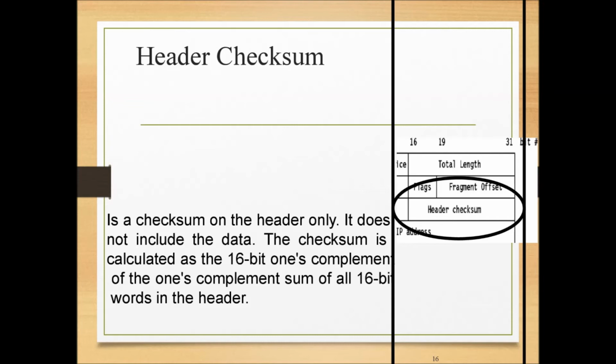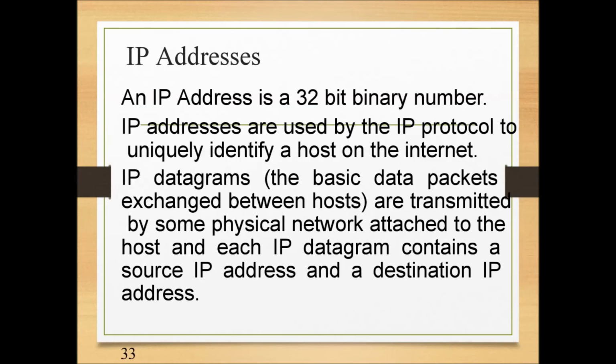The method to calculate the header checksum you have studied in computer communication and networks, in which we used the ones complement technique to check for errors in our network.